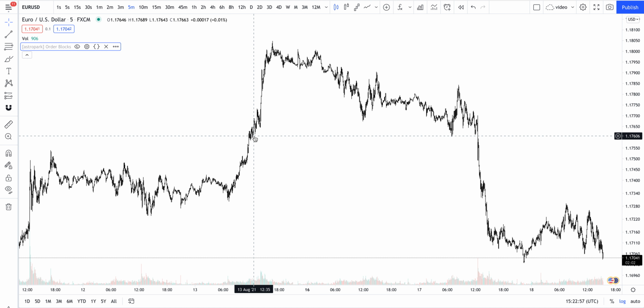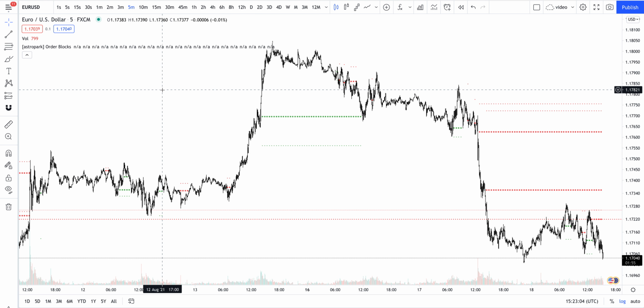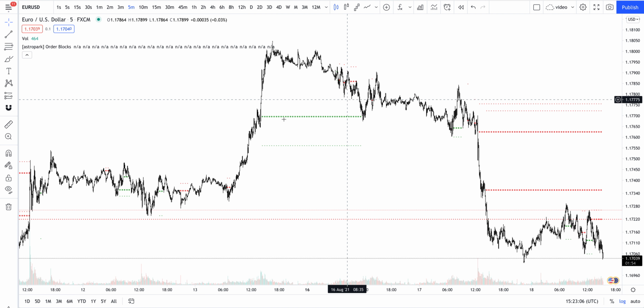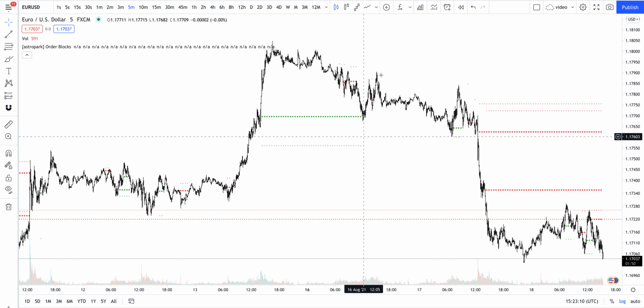So for example, let's see on 5 minutes here USD, using the 30 minutes demand and supply. So for example, here the demand, sorry, was hit and price jumped. This was a supply that was hit and price went down.